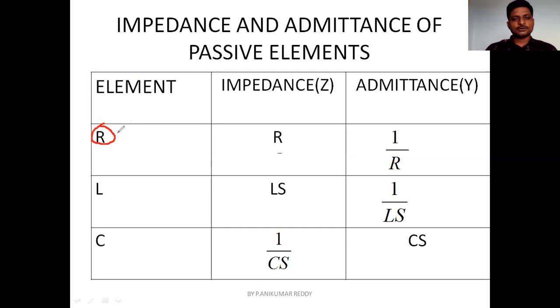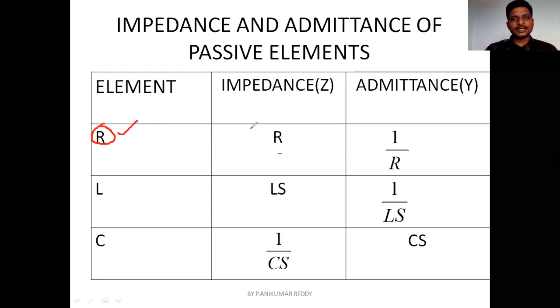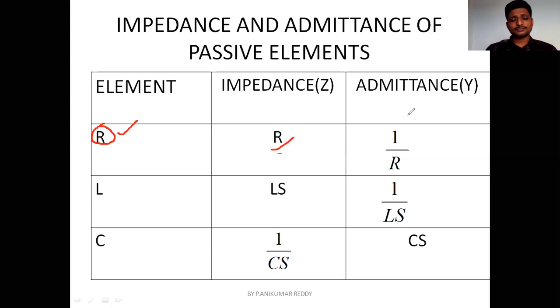A resistor is denoted by the letter R. Remember, we are talking about impedance and admittance in the S domain, not the time domain. In the S domain, the impedance of a resistor is the same, it will not change. The admittance of a resistor will be 1 by R. The admittance is denoted by the letter Y, and Y is equal to 1 by R. Here Z is equal to R for a resistor.